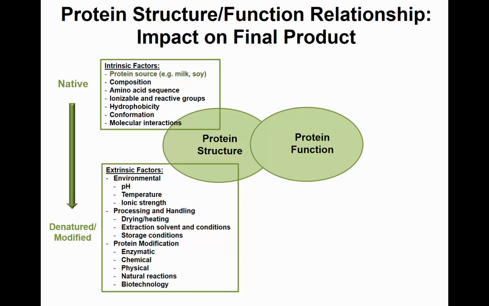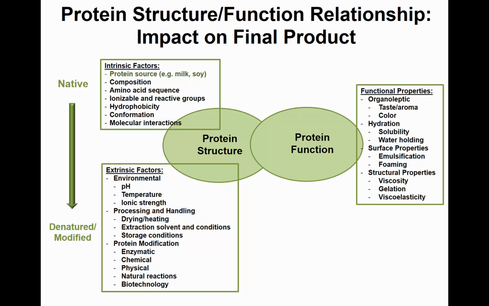So adding these extrinsic factors will denature the protein or modify the protein, and by doing so will impact the protein functionality. So going from native to denatured or modified, functionality changes. And functional properties, again, I categorize them into organoleptic, that means the sensory attributes, so taste, aroma, color, the hydration aspect, interaction with water, solubility, water holding, water binding is another one.